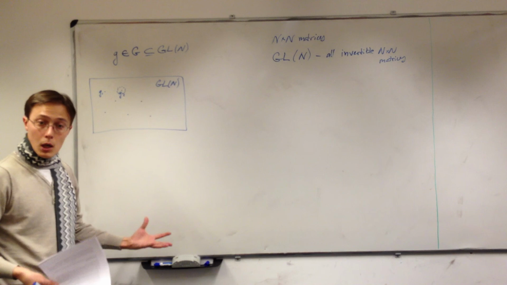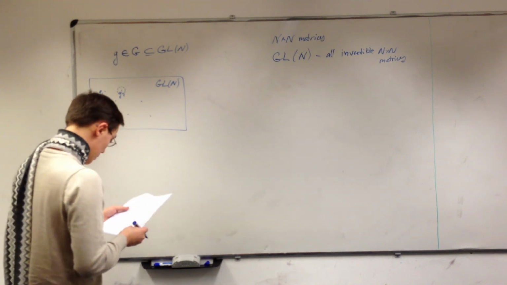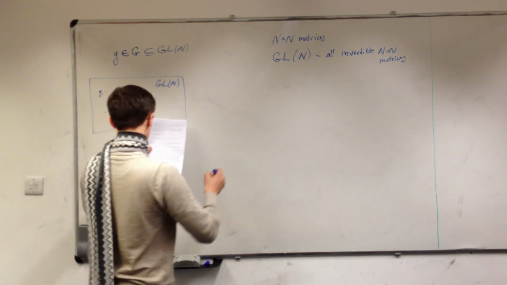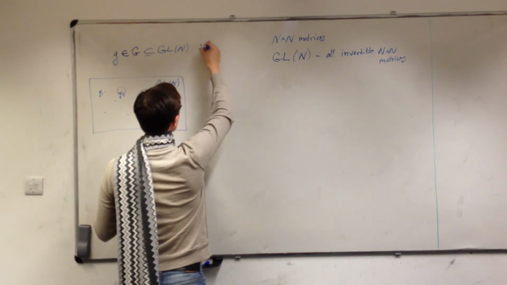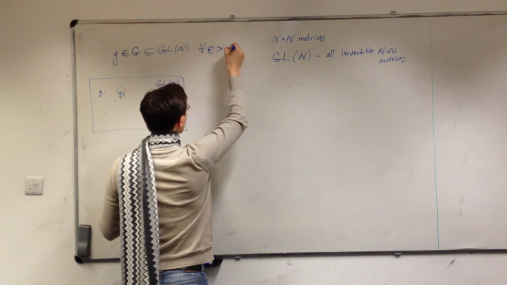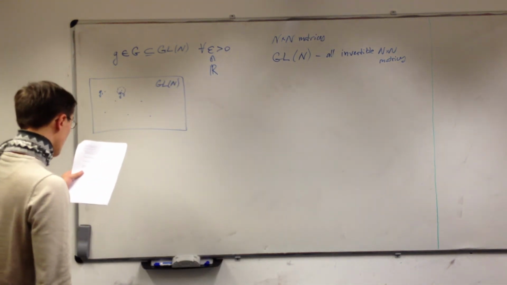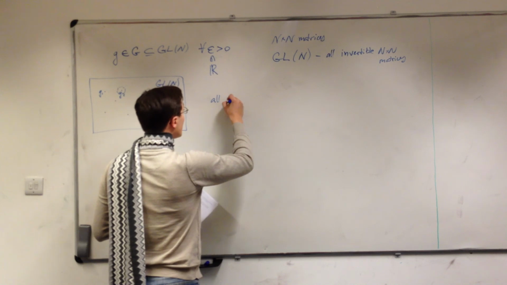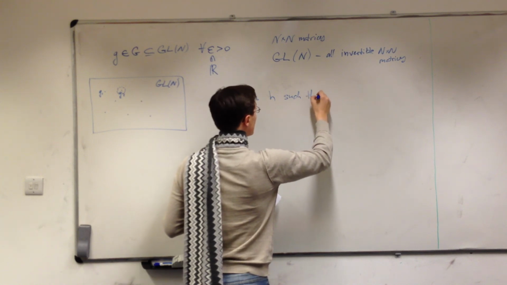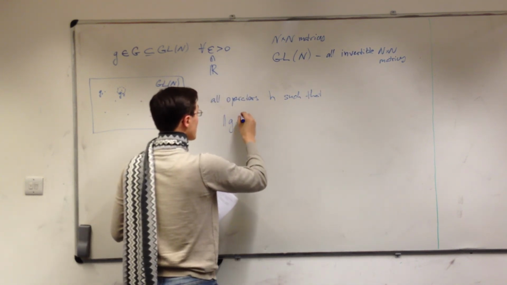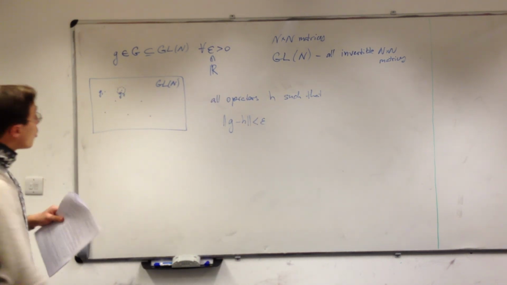So, working in our matrix operator space, the one we are quite comfortable with by now, we actually know what the norm is, there's a trace definition. So, for a given element G belonging to G, that is a subgroup of GL(n), and for any positive number epsilon belonging to the field R, the set of all operators H such that the norm of G minus H is less than epsilon is called an epsilon neighborhood of the element.